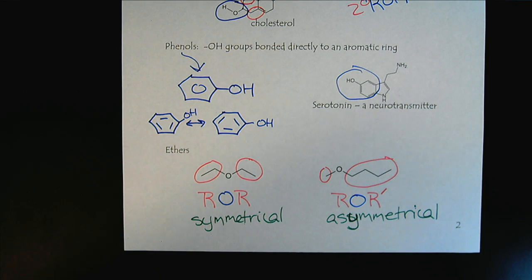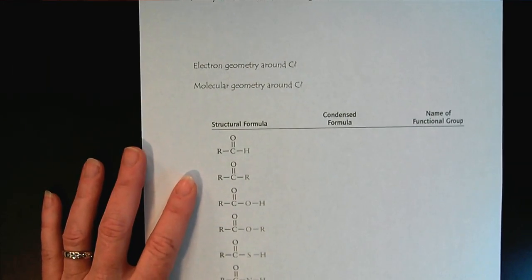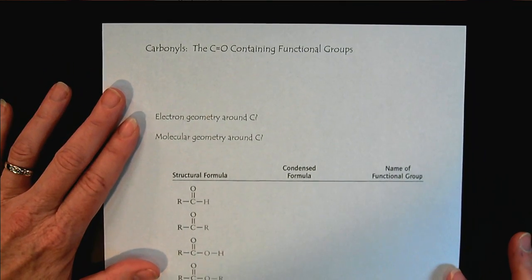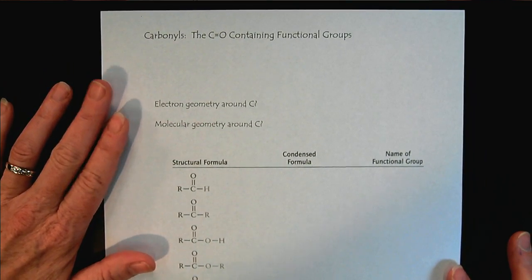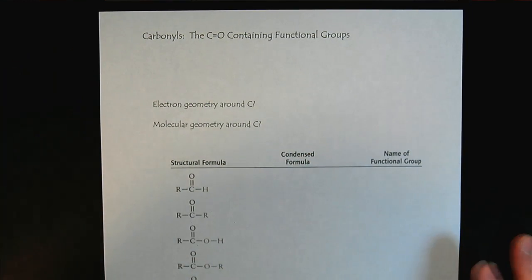Alrighty, now we're going to move on to the functional groups that have carbon-oxygen double bonds. So let's get that centered. The carbon-oxygen double bond is referred to as a carbonyl.